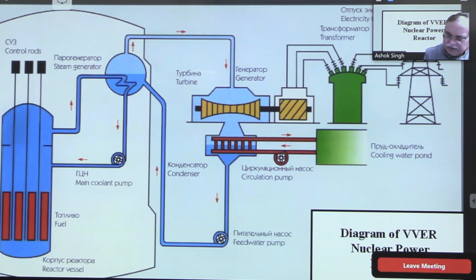These are developed in Russia. And that's why you'll find Russian names also, if you are looking at the picture, the English caption and a Russian caption. India has bought these from Russia. These are not built in India.